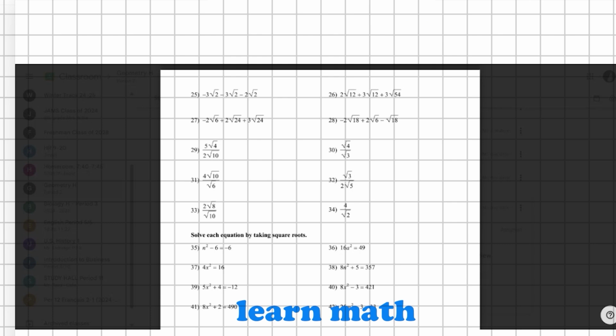x is equal to plus or minus root negative 16 over 5. Yeah. What can you do with 16? So 4 over root 5. x is equal to plus or minus 4 square root of negative 1 over root 5. Then what happens to the 5?